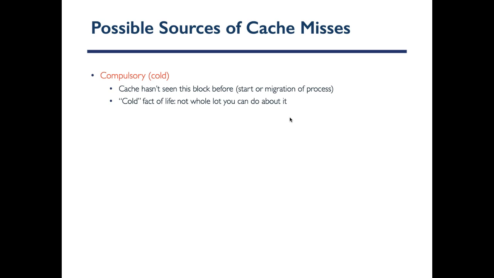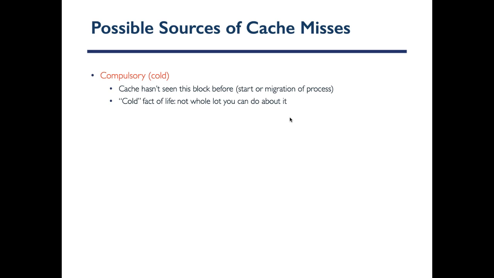The first reason for not finding your data is a compulsory miss, which means that it's just a cold start. This is the first time you're accessing this address, so it's not cached.